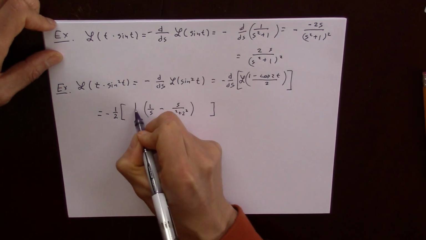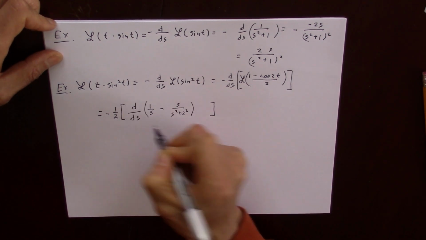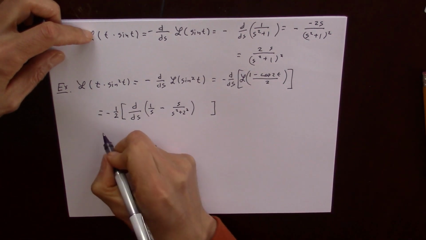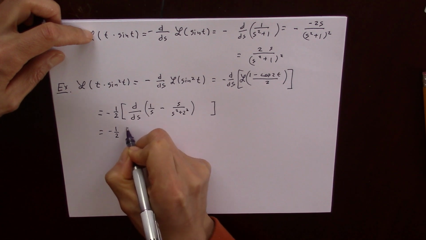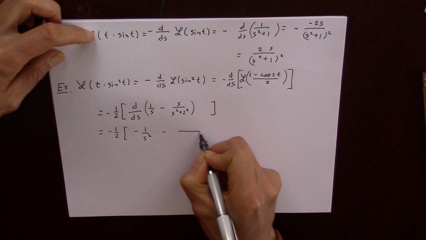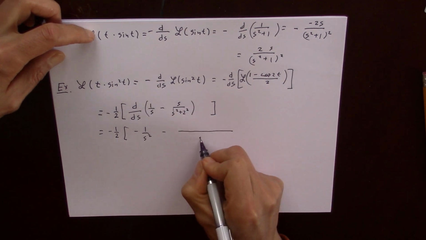And now we take derivative of that expression. Derivative of 1 over s is easy to find. Negative 1 over s squared. Derivative of that fraction is a bit more difficult to find.